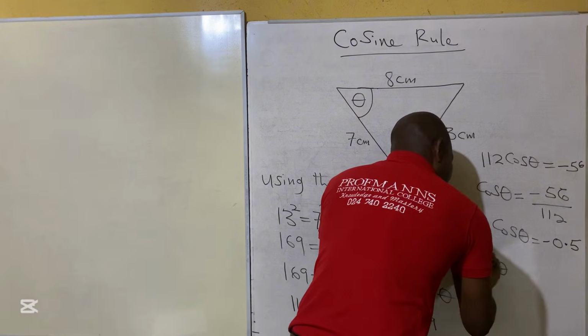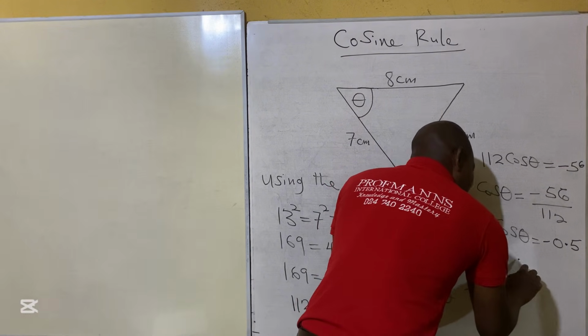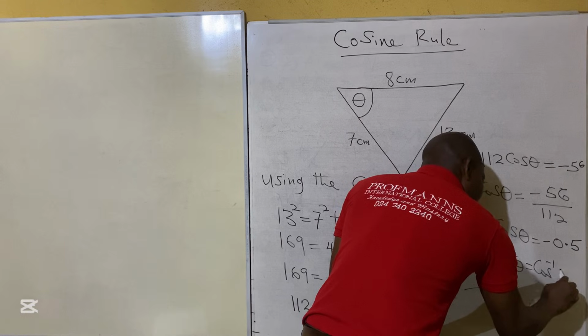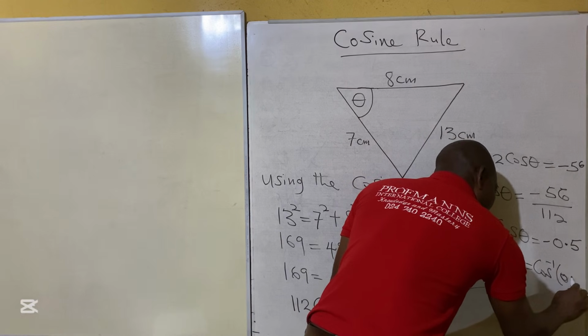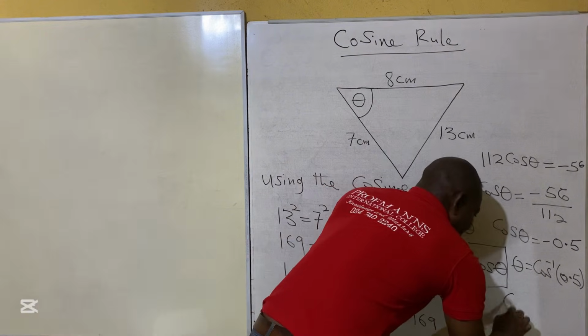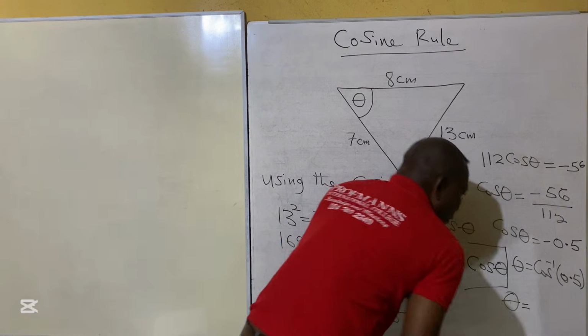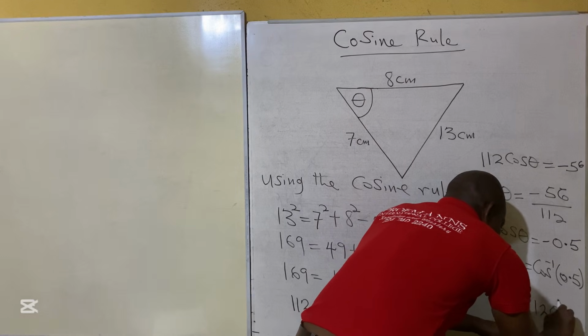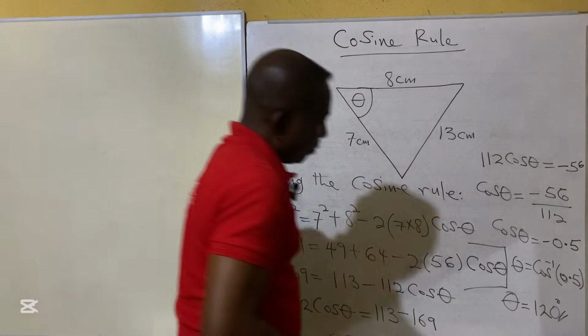So we have theta is equal to cos inverse of minus 0.5. So the theta we are looking for is 120 degrees.